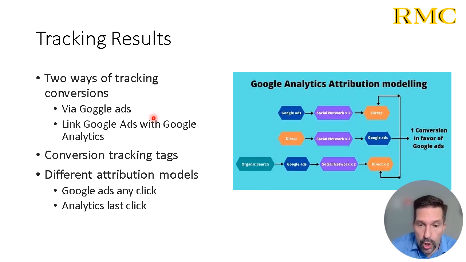On the other hand, the results that you're going to have are slightly different. They both use similar technology where they give you tracking tags that you're going to have to embed within the code of your website or your app. On the other hand, the way they go about providing credit for the ads is going to be a little bit different.